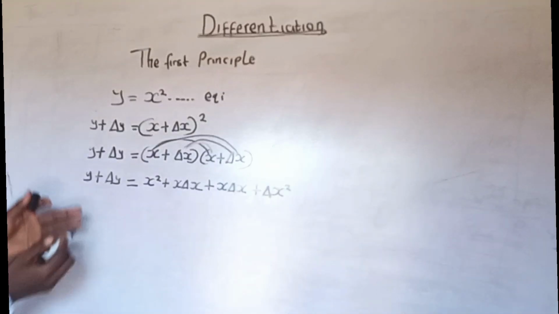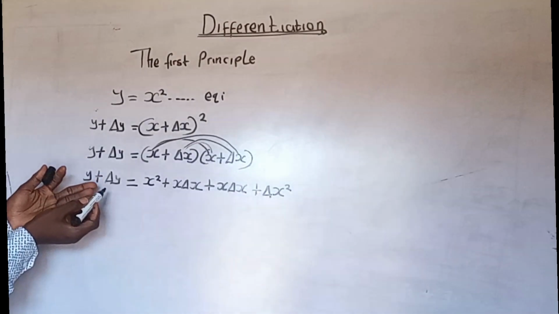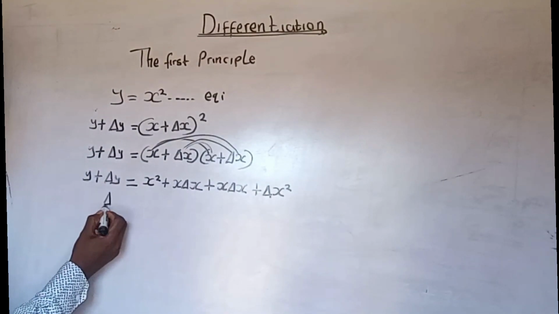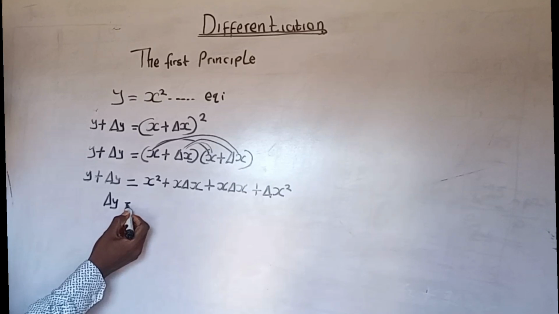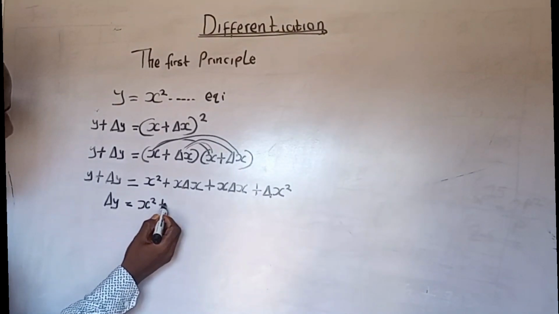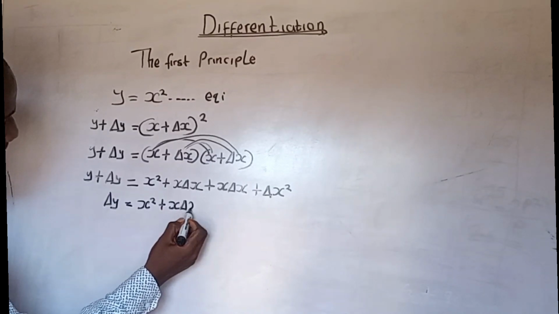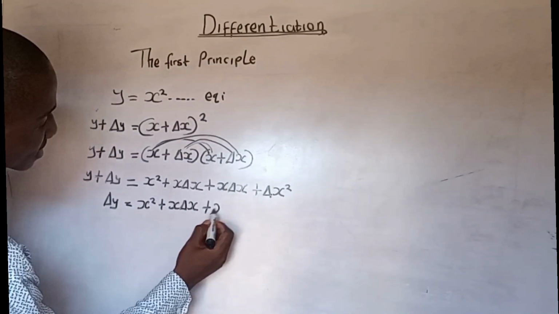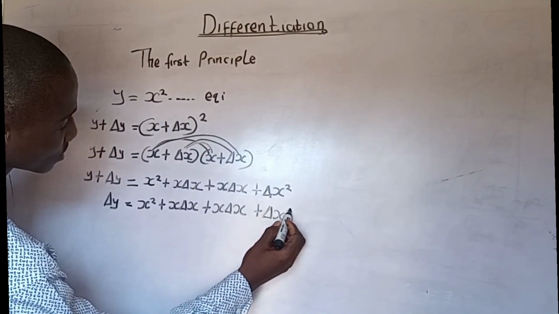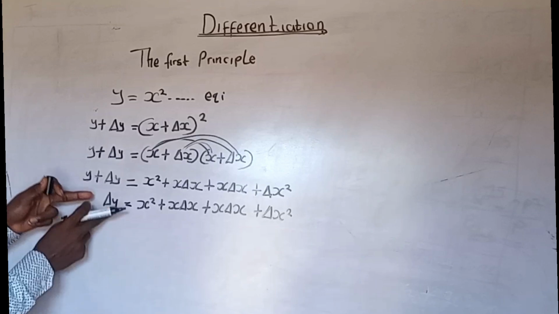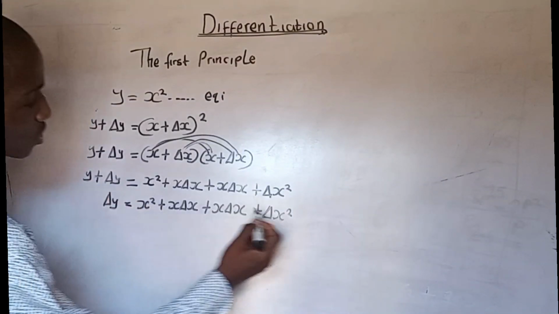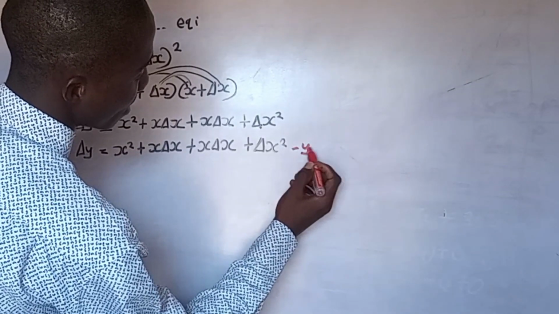The next thing we're going to do is to make the change in y, delta y, the subject of the relation. So I'm going to have delta y equals x squared plus x delta x plus x delta x plus delta x squared. If I make this change in y the subject of the relation, y moves over the equals sign, so I'm going to minus y.